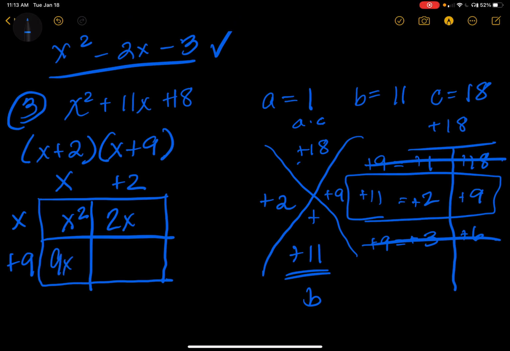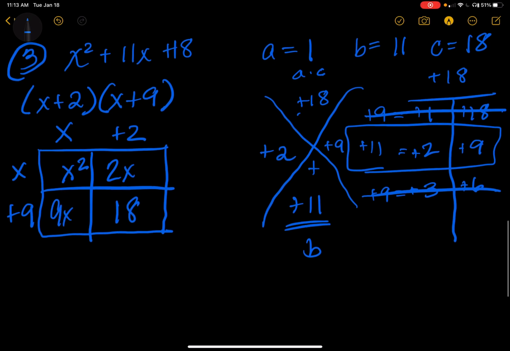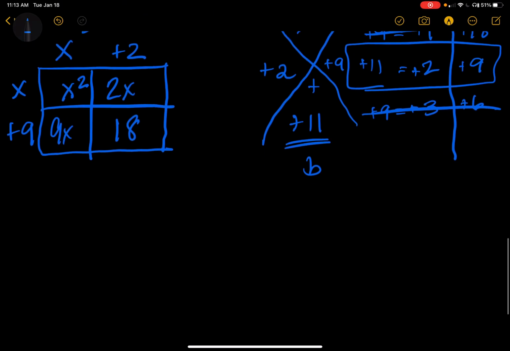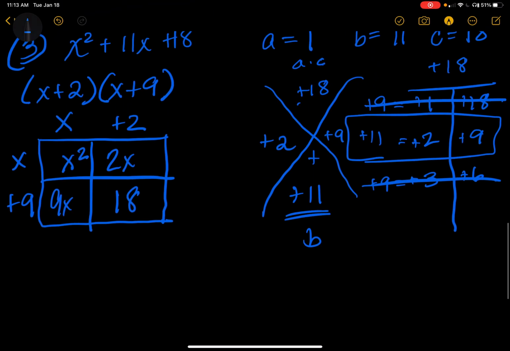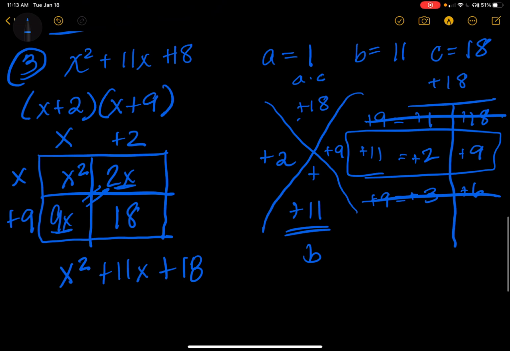And then 9 times 2 is positive 18. So if we bring it out, we have x squared. And then combine on our diagonal, 9x plus 2x is plus 11x plus 18. Is that the same? X squared plus 11x plus 18. Check.